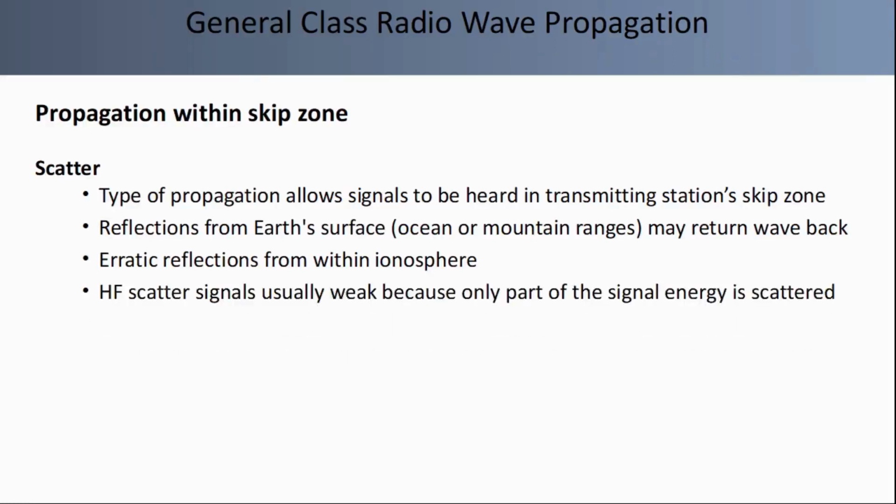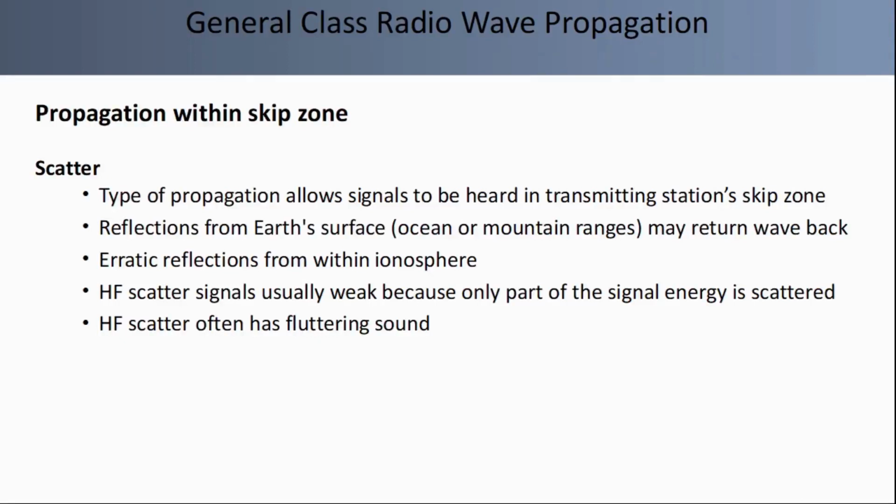Here come the answers. One question asked about HF scatter signals: why are they usually weak? Because only part of the signal energy is getting scattered. A lot of it is going off elsewhere, so they tend to be weak. And because there's some less than perfect reflection, things might get bounced around in the ionosphere.